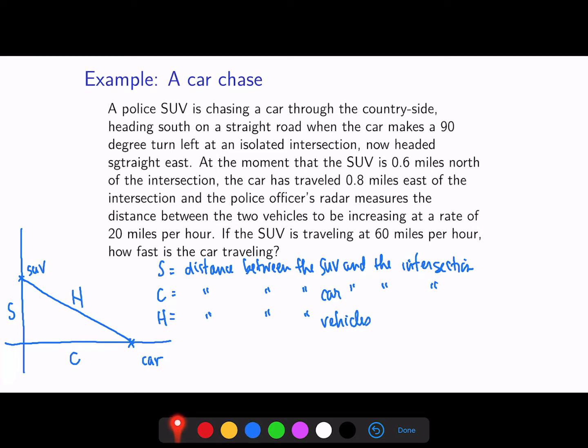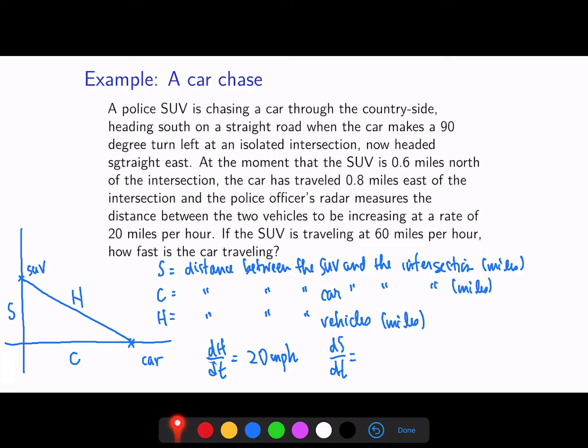We know these distances should be represented in miles because the problem states all distances in miles and speeds in miles per hour. We also know the distance between the cars is changing at a rate of 20 miles an hour, and that the speed of the SUV is 60 miles an hour.